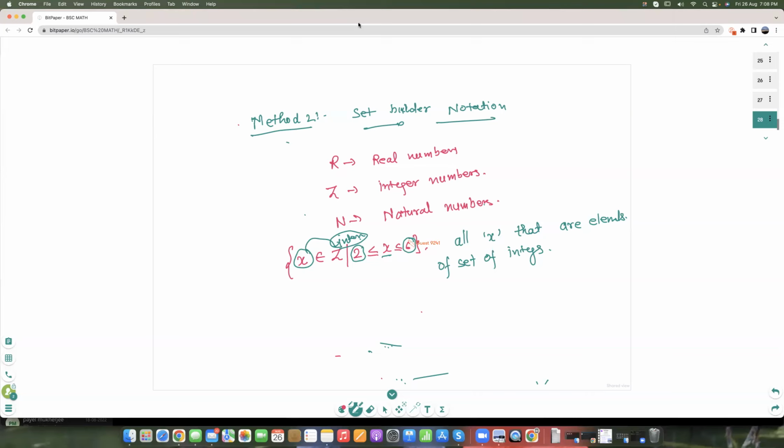Correct, guys? So if I write this in roster notation, what will that be? Because X is all the integers, and it is greater than or equal to 2 and less than or equal to 6, it can be 2, 3, 4, 5, and 6. Understood this, guys?